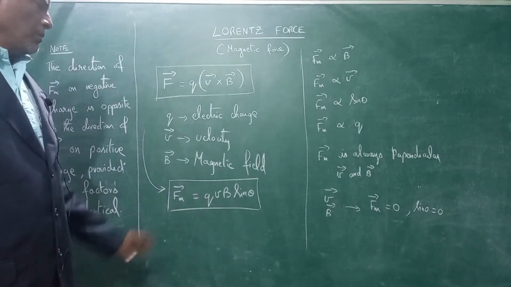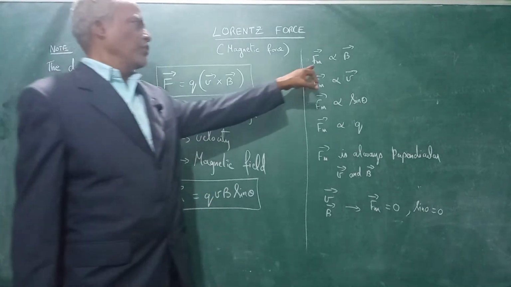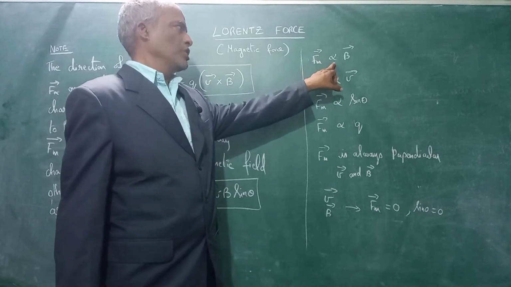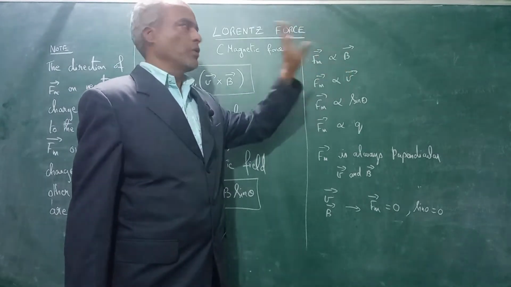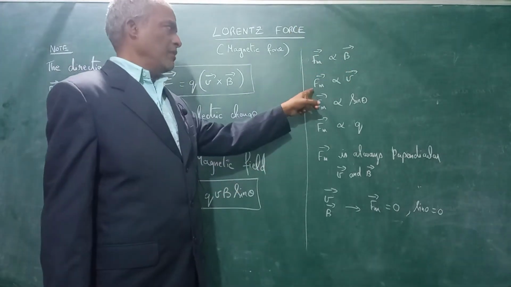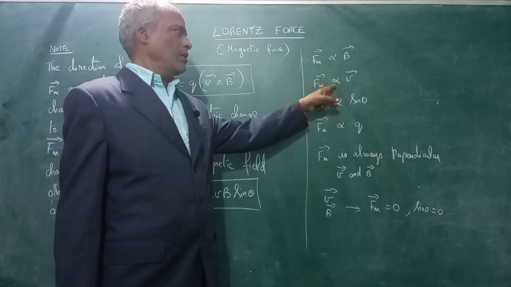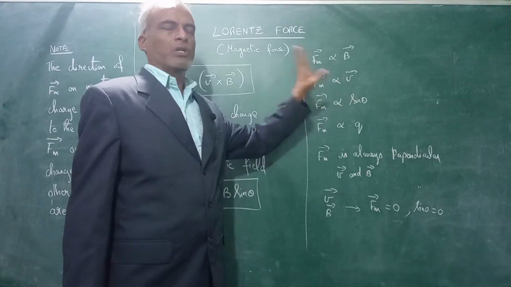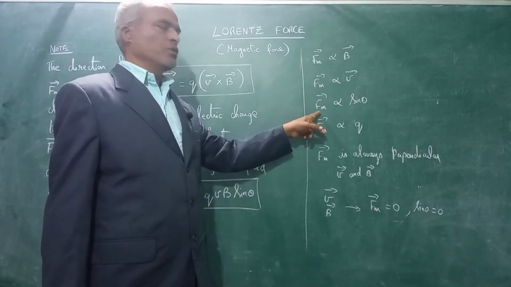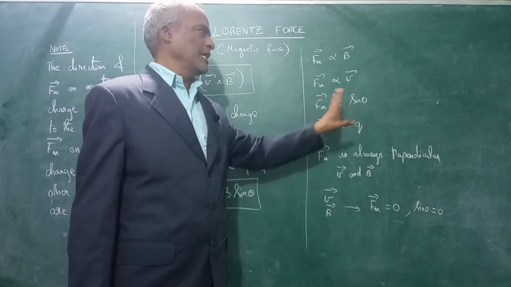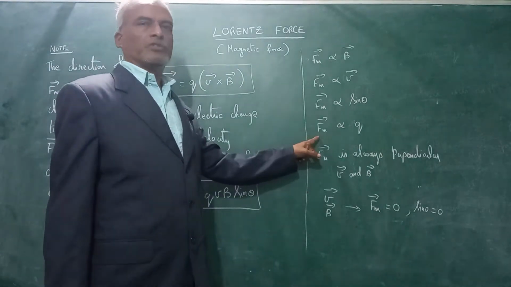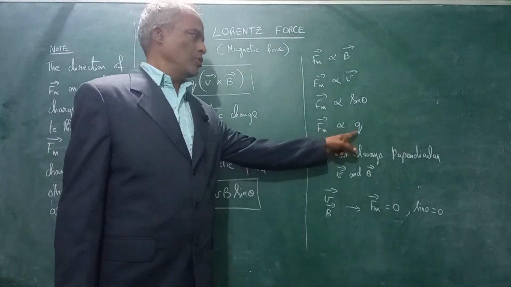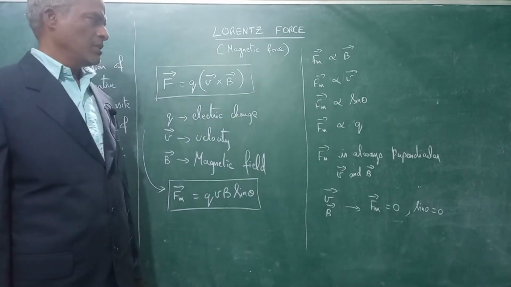Q is charge, V is the velocity, B is the magnetic field, sine theta is the angle between V and B. That means the magnetic force is directly proportional to the magnetic field. First point. The force is directly proportional to velocity. The force is directly proportional to sine theta. The magnetic force is directly proportional to charge.